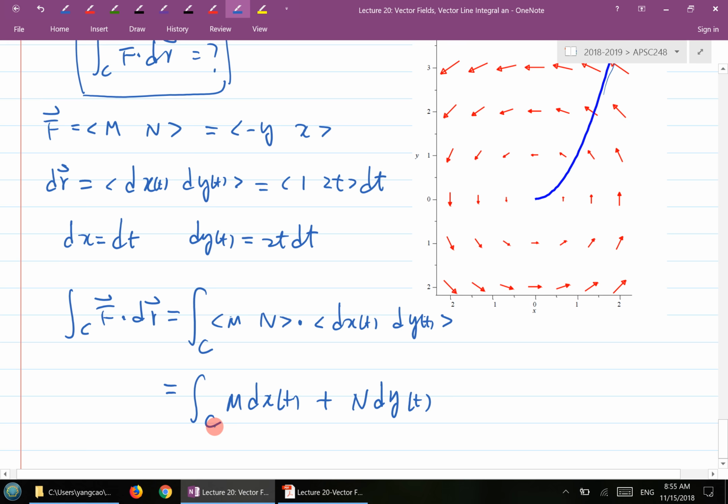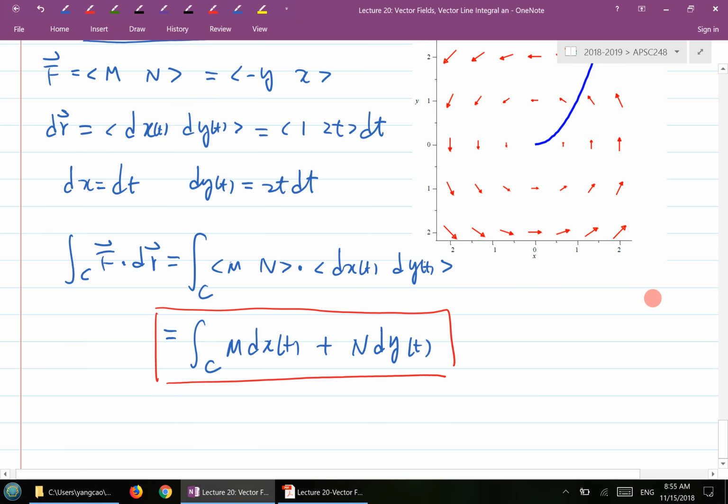So you see, this is another appearance of this vector line integral here. So you could write down this integration over C of M times dx of t plus N times dy of t.